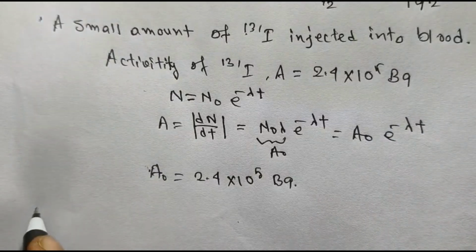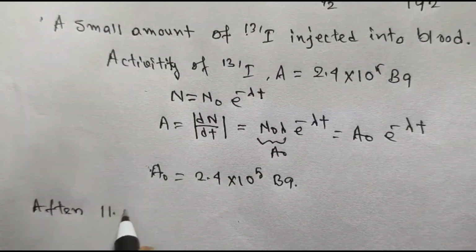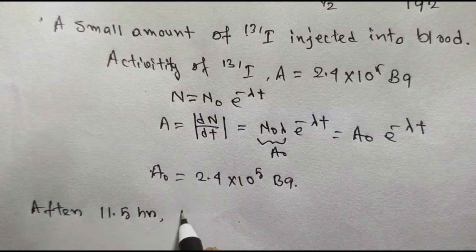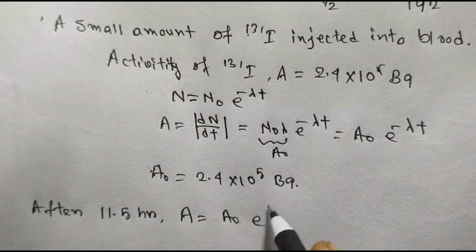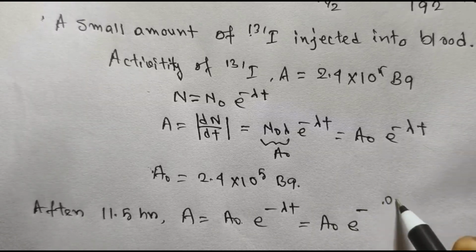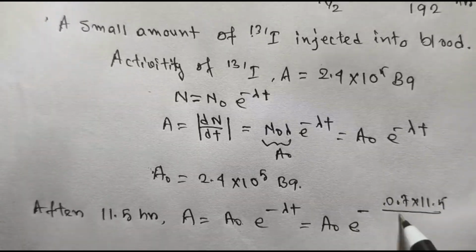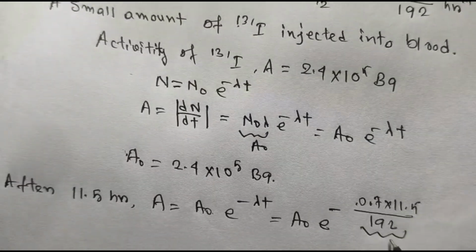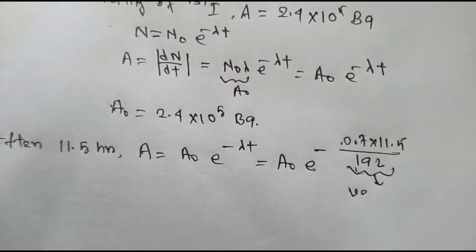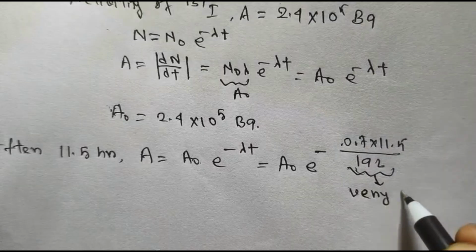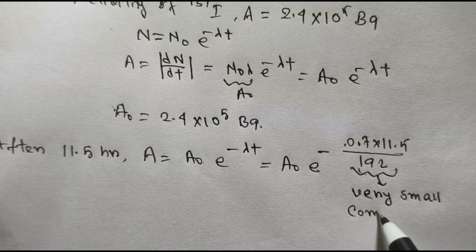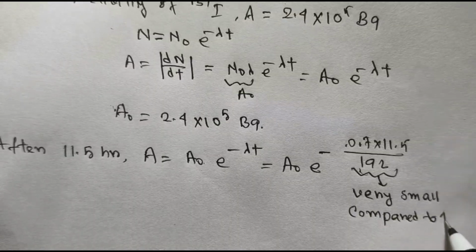Okay, now after 11.5 hours our A will be A naught e to the power minus lambda t, that is A naught e to the power minus 0.7 times 11.5 by 192. Now this is very small compared to 1.